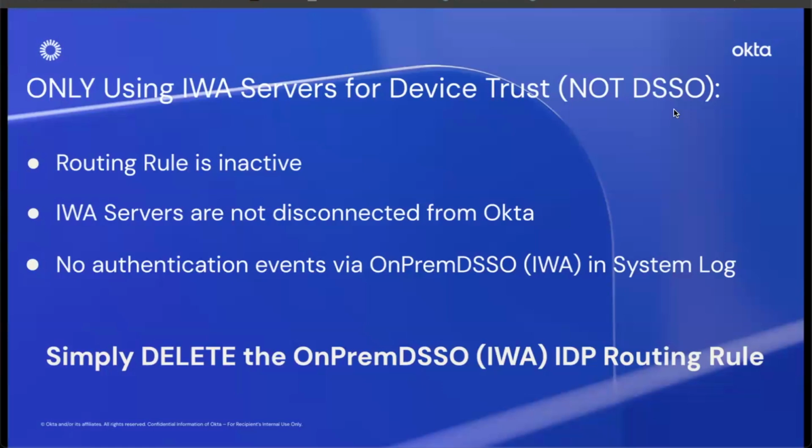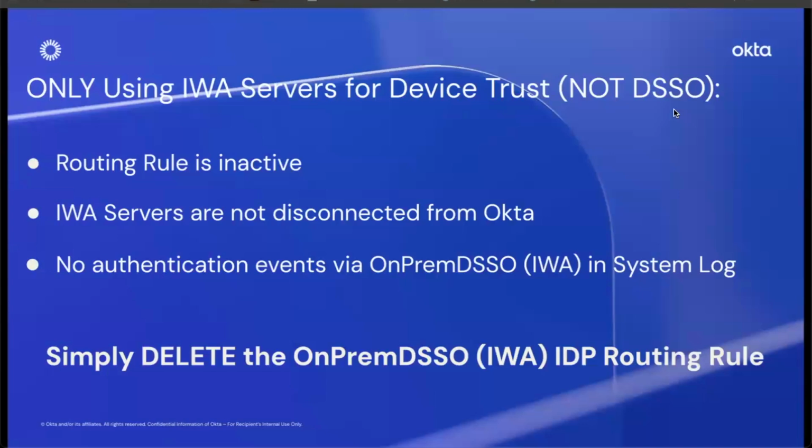You can tell if this is the case for you in a couple of ways. First off, you can check your routing rule for the on-prem DSSO. If it's already inactive, then that means you're not using it. So you're pretty safe at that point to go ahead and delete that routing rule, because if it's inactive, it's not in use today anyway.